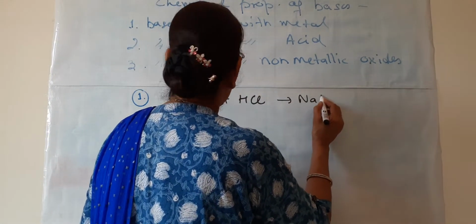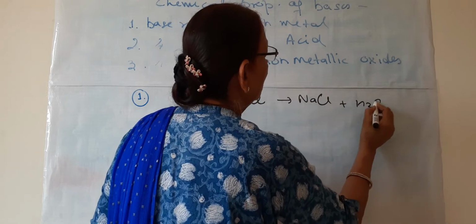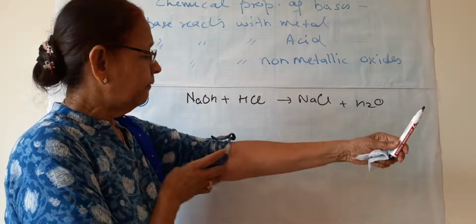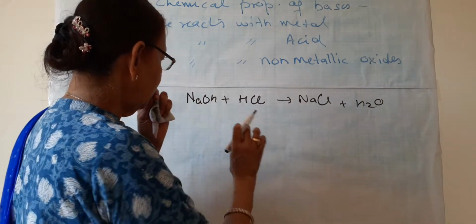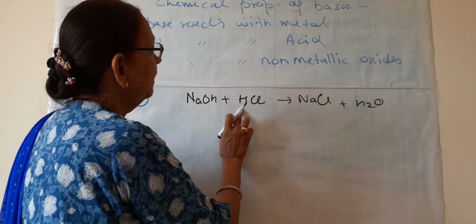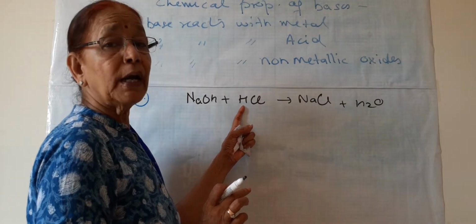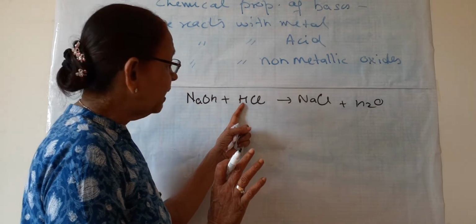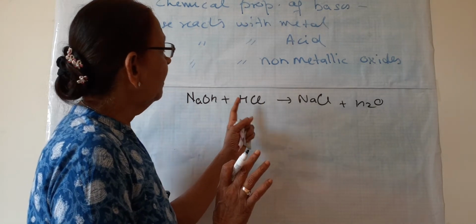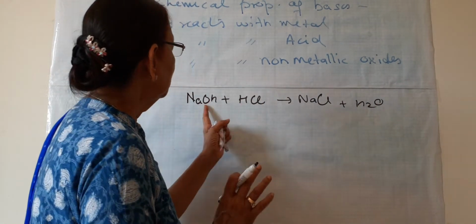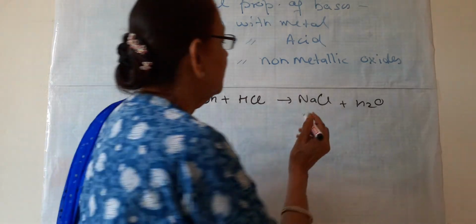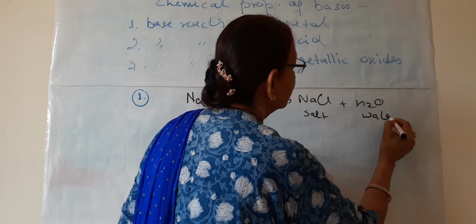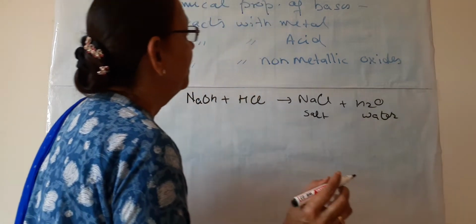All of you know, NaCl will be formed and water is formed. A simple neutralization reaction. Why is it a neutralization reaction? Because this base destroys the H ion of acid, HCl. This is displaced from the acid and it forms water with oxygen, and a salt is formed. So this is a simple neutralization reaction of acid and base.